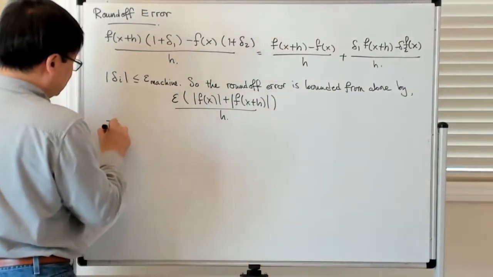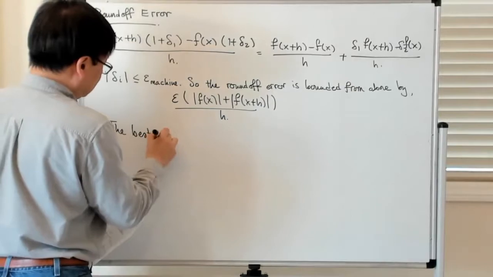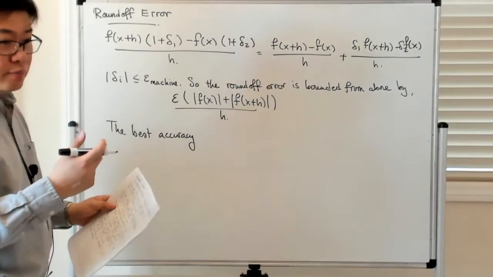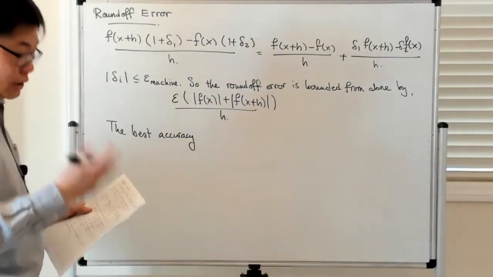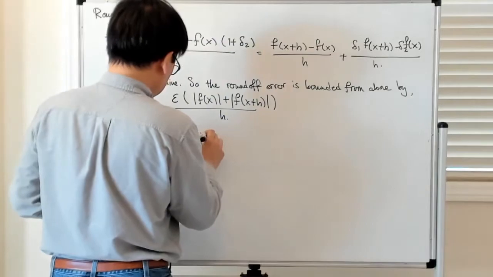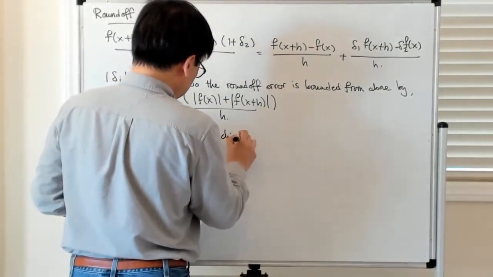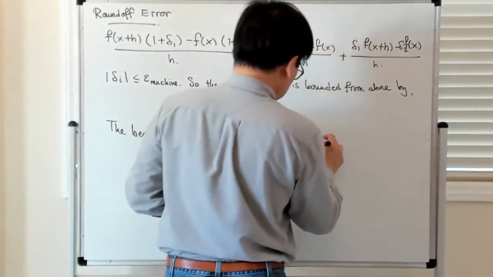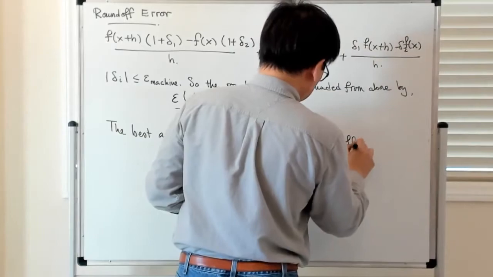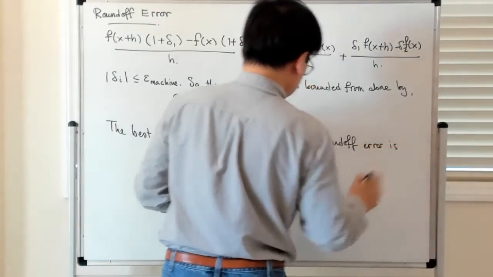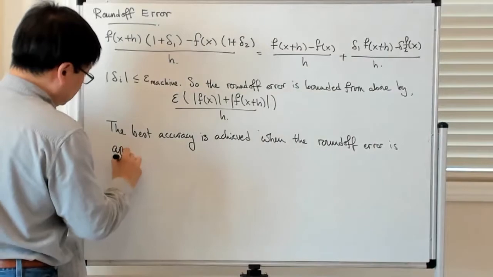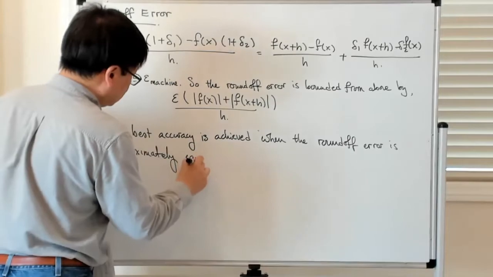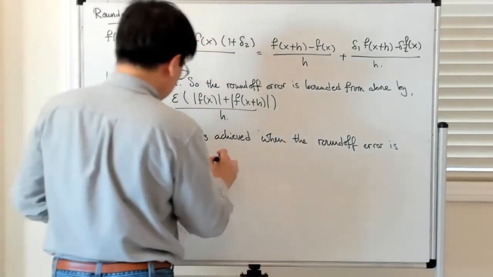So the best accuracy occurs when you let the round-off error be comparable in size to the truncation error, approximately equal to the truncation error.